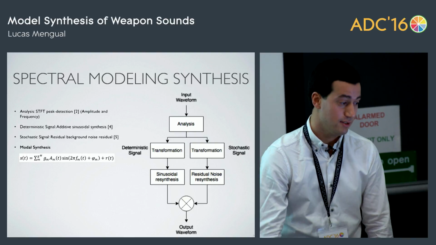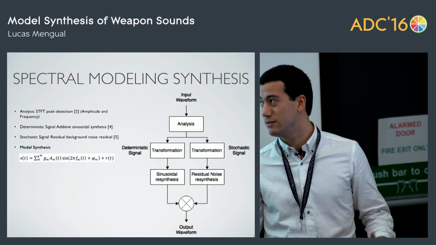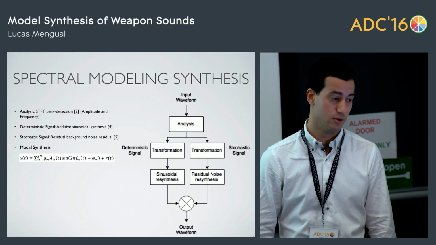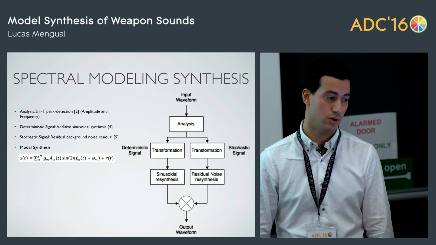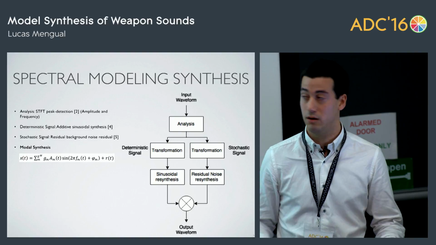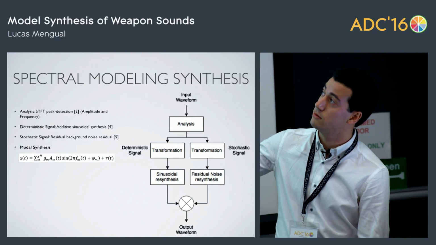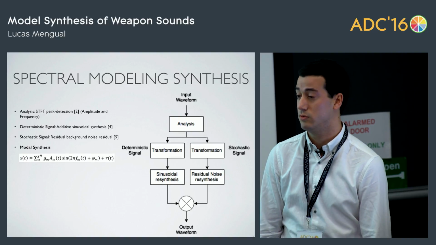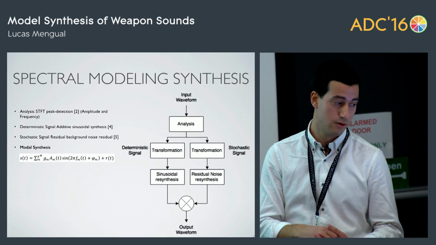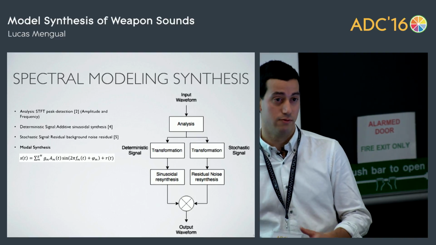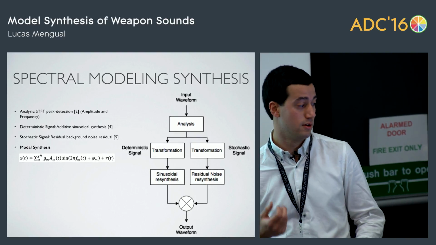For the SMS model, this is a summary of what the model that I built does. At the beginning we do some analysis. We use a short-time Fourier transform to collect the amplitude and the frequencies of each of the modes of the sample, the weapon sounds.